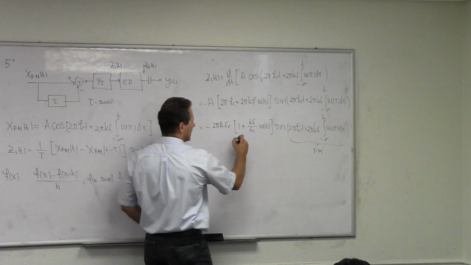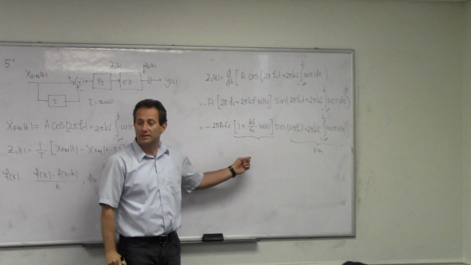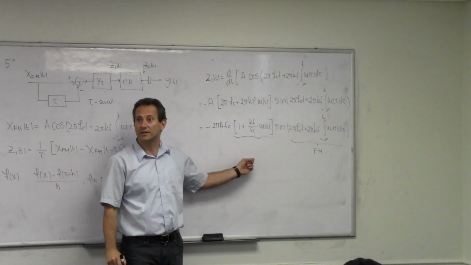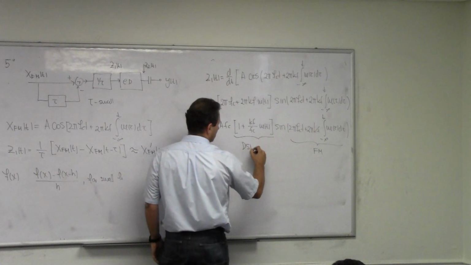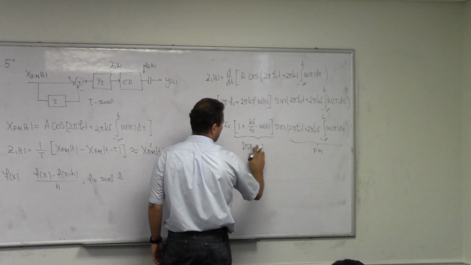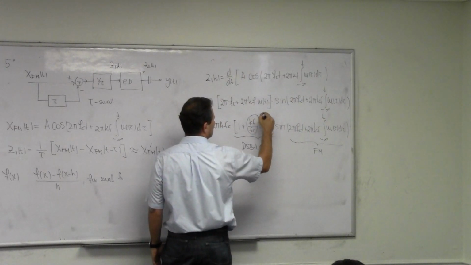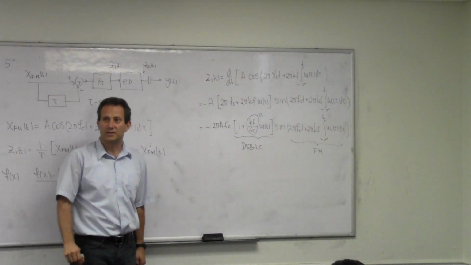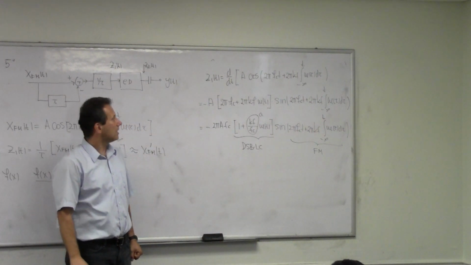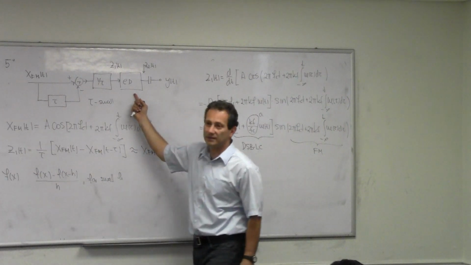But if I look at the magnitude here, what can you tell me about the magnitude? Double sideband AM large carrier, right? So this is double sideband AM, double sideband large carrier, where this part here is what we used to call a. This is your modulation depth. So now if I feed this into an envelope detector, what do I get?